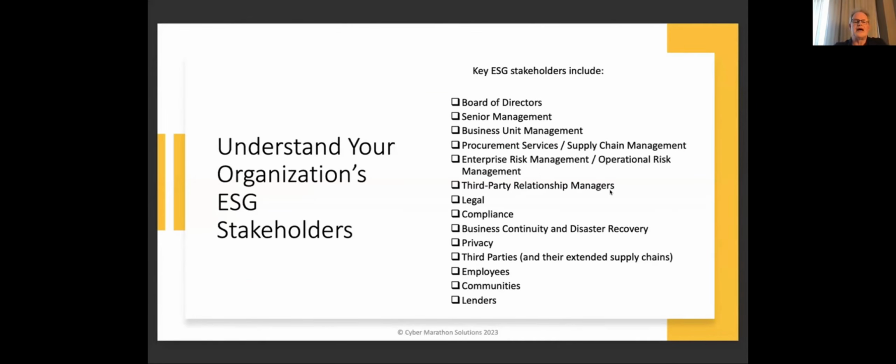So whenever you have a conversation about ESG or any topic related to third party, it's important to understand who your stakeholders are, what role they play in the process, and how it is that you can work with those stakeholders to help improve the traction in your program. No program exists in a vacuum.